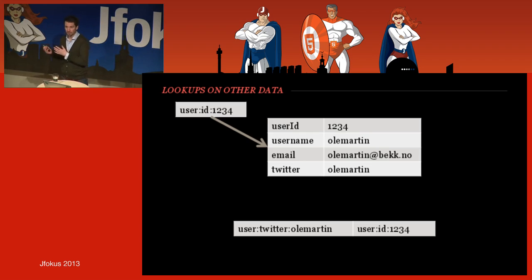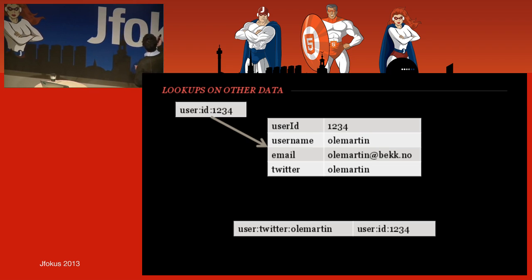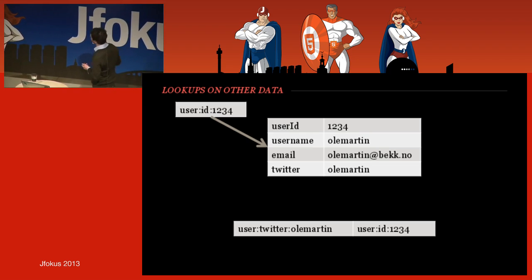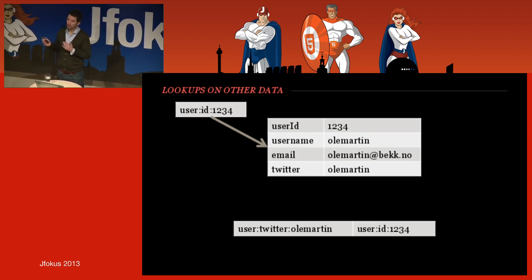You just know my Twitter handle. Initially, that's impossible, but there's a little trick. You can create a new value, which points back to this one. So you retrieve user Twitter Ole-Martin, get the ID of that data, and retrieve that. You get two lookups, but you get the functionality.